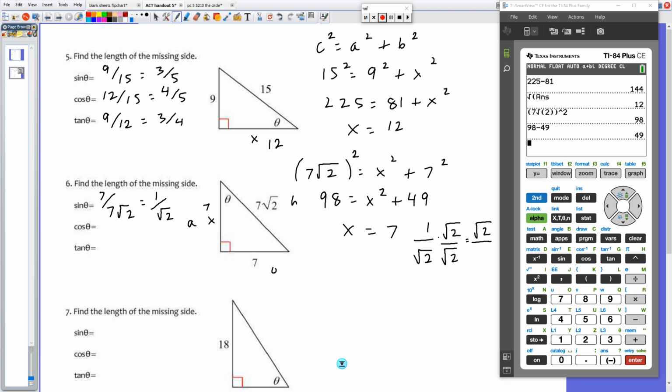Radical 2 and radical 2 give me radical 4, which reduces to a 2. Cosine is going to be my adjacent, which was that 7, over the hypotenuse, which will be the same exact thing. And tangent will be my opposite over my adjacent, and for that problem it reduces to a 1.